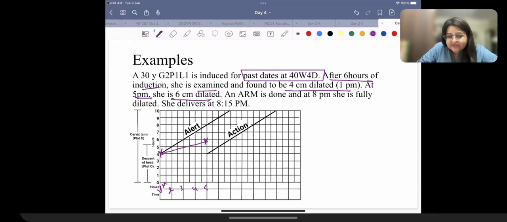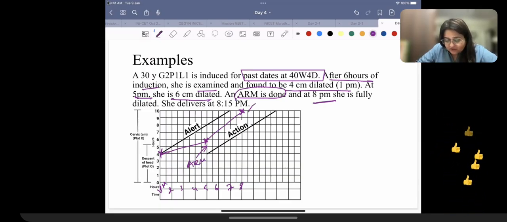So she has crossed the alert line. And ARM is done. So probably the contractions were less. And ARM was done at this point, and at 8 p.m. she is fully dilated. So 6, 7, 8. So at 8 p.m. things have corrected. She is now again dilating at a normal rate. Okay, so this is a normal partograph and she delivers at 8:15.